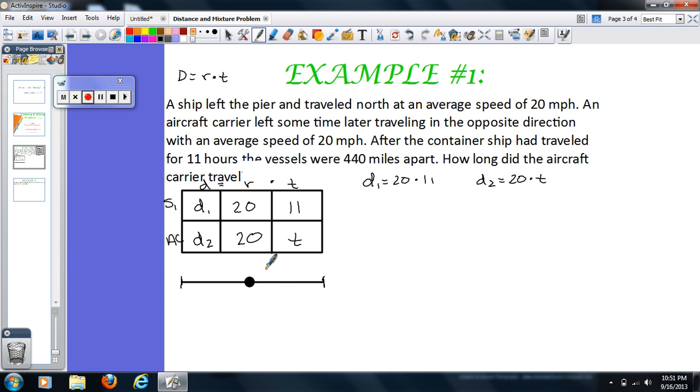Ship 1 leaves from here, and then let's say it travels north. So this is going to be our D1 from this line to this line. Now from this line to this line is going to be our D2. And we know that from here to here, where they stop, it is 440 miles. So you should be able to see that D2 plus D1 is going to equal the entire 440 miles.